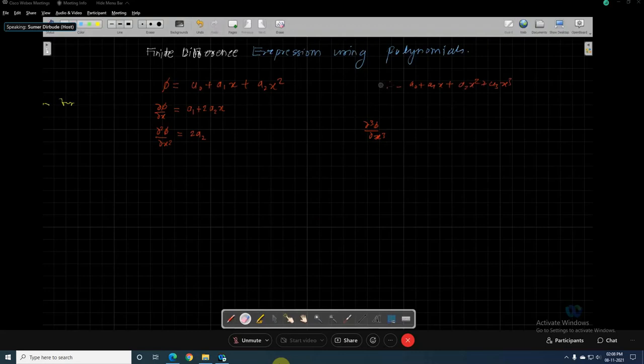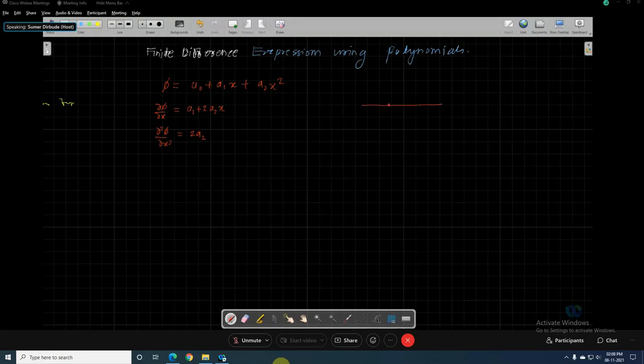Okay. So you just remember this in case you wish for, say, third order. But we'll see how to get del phi by del x or del 2 phi by del x2 using this polynomial expression. Now, since we have three constants, essentially we'll take three points.